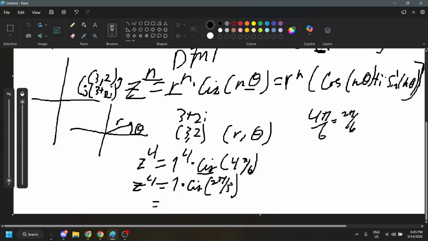Okay, I see that now. So now, remember cis stands for cosine plus sine. This is going to be equal to cosine of 2 pi over 3 plus i sine of 2 pi over 3.